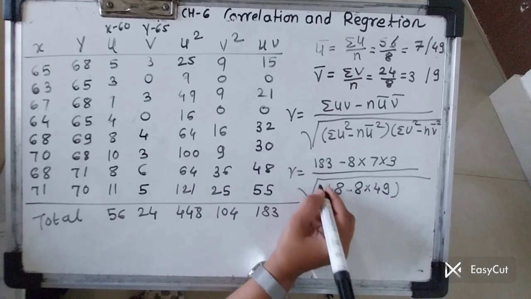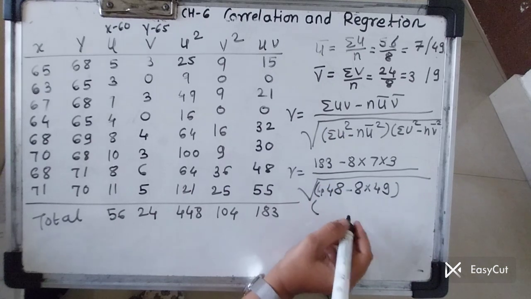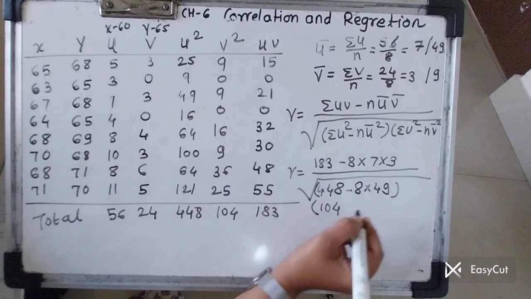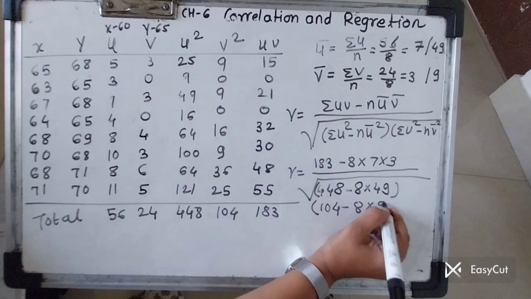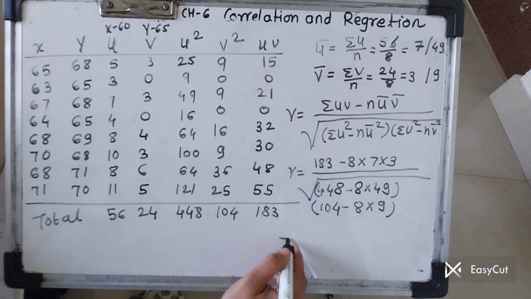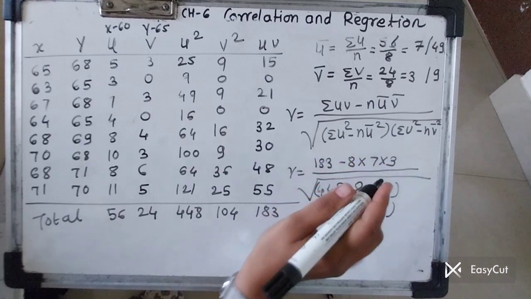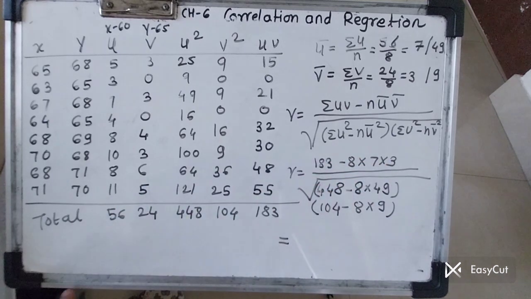This is the first bracket, and the second bracket is 104 minus 8 into 3 square. Put all values in the calculator and find out. So the answer is 0.35. You also check and calculate whether it is correct or not.